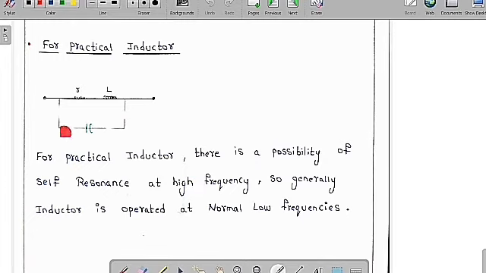If you operate the inductor at a very high frequency, there may be a chance of self-resonance, because resistor, inductor and capacitor are present. At high frequency there is a possibility of self-resonance, meaning huge current can flow. For that reason we operate the inductor at normal low frequencies but not at very high frequencies.